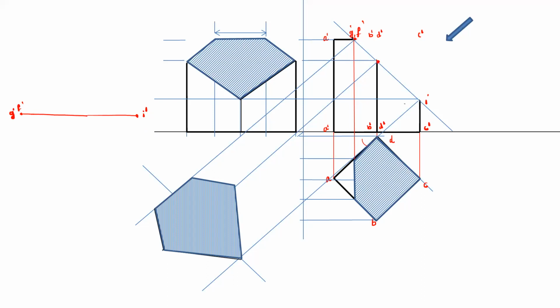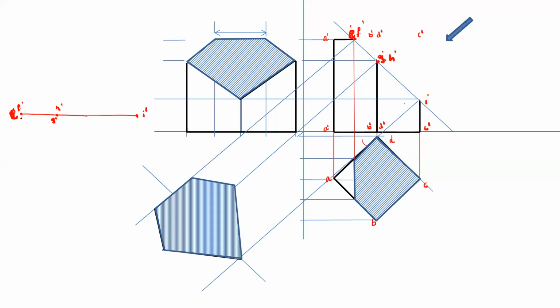Now measure this distance between G point and this, sorry, this is E. Okay, so measure this distance between E and G and draw this point here. So this is point G dash and H dash. Okay, so we have drawn this complete line which is inclined, parallel to the XY line.